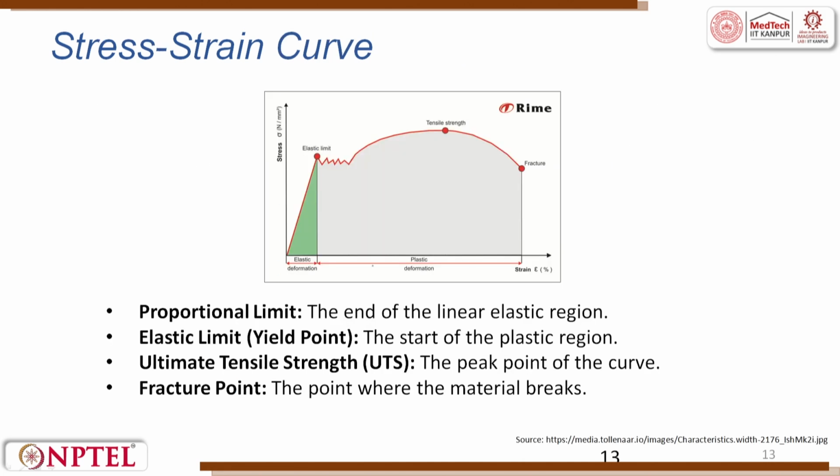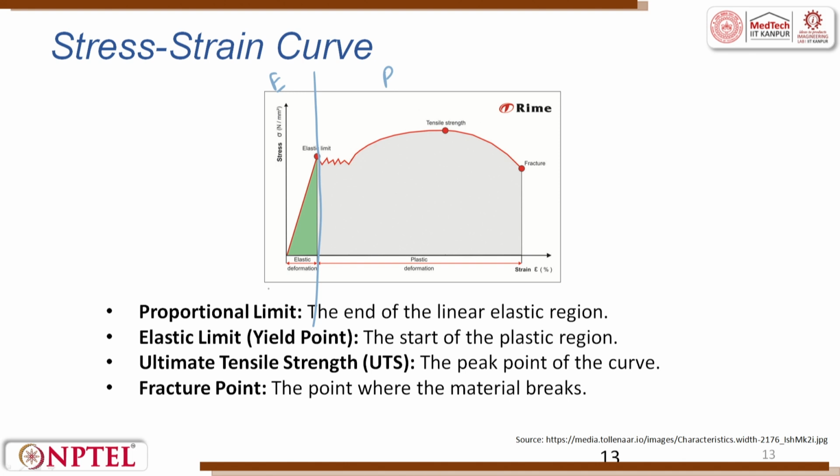When we plot this stress strain curve, we can see this portion is called the elastic region and this portion is called the plastic region. Elastic region means when the load is applied and removed, it will regain its shape.